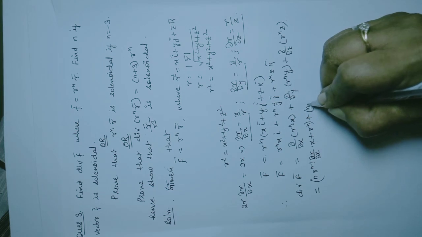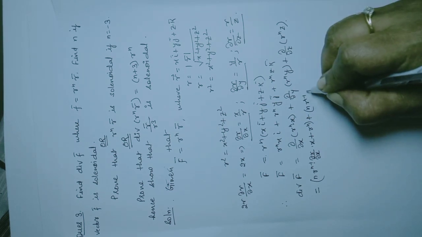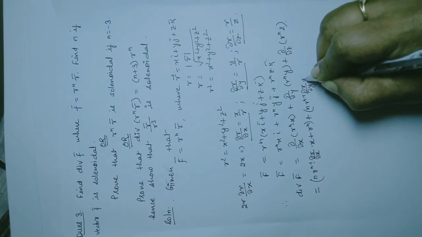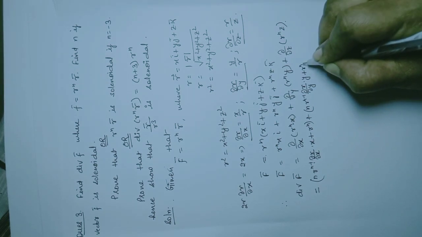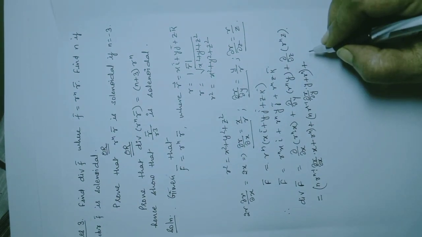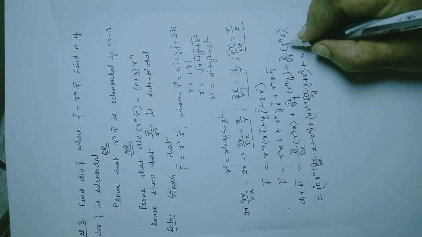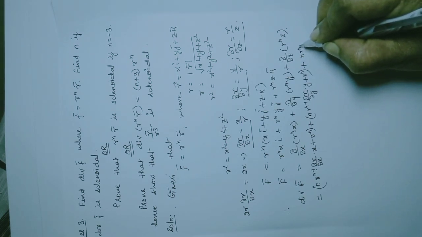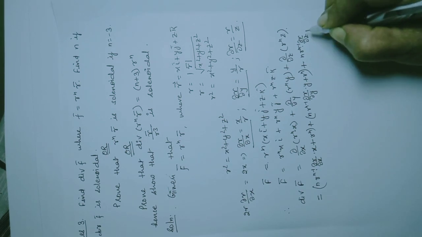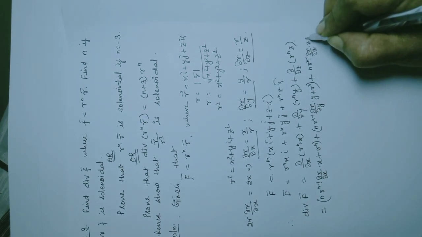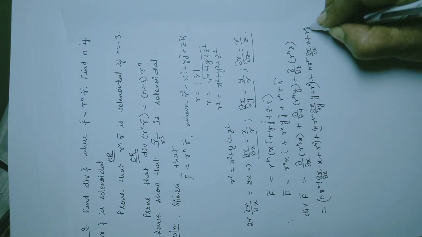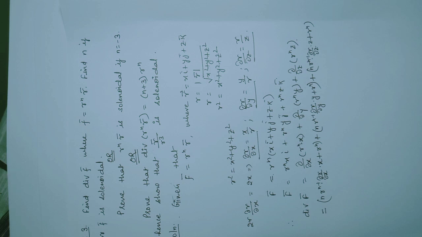Similarly here you are going to get n rⁿ⁻¹ ∂r/∂y into y plus rⁿ, and similarly for z you are going to get derivative of rⁿ is n rⁿ⁻¹ ∂r/∂z into z as it is, plus derivative of z is 1, so rⁿ.